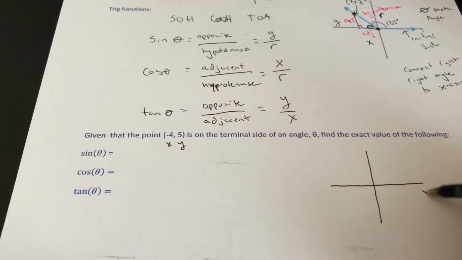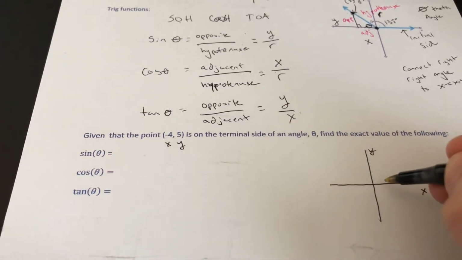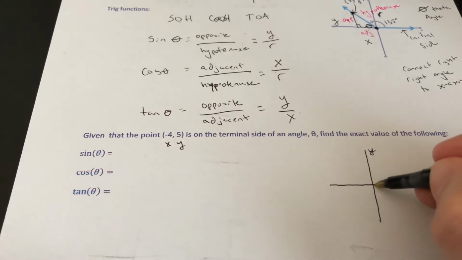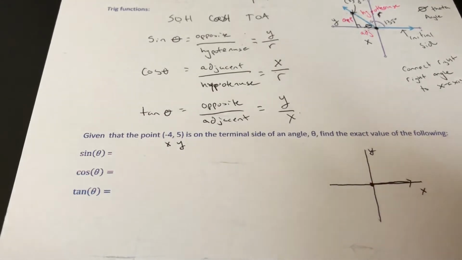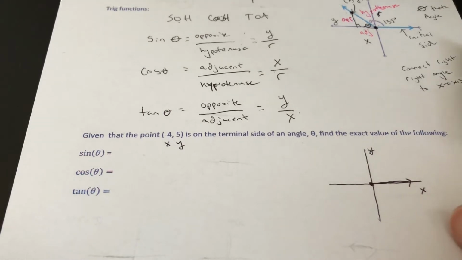So here's my x-axis, here's my y-axis. Here's my initial side, so this is where we always start our rotation. So we're gonna figure out where in space I am located. Well, my x value is -4.